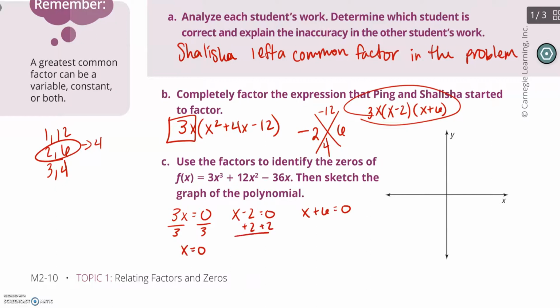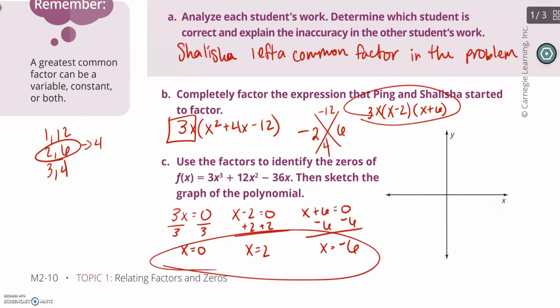Add 2, x equals 2. Subtract 6, x equals negative 6. Those are the zeros. They're called zeros because we set them all equal to 0. Those are also the x-intercepts. So remember, zeros equal x-intercepts.